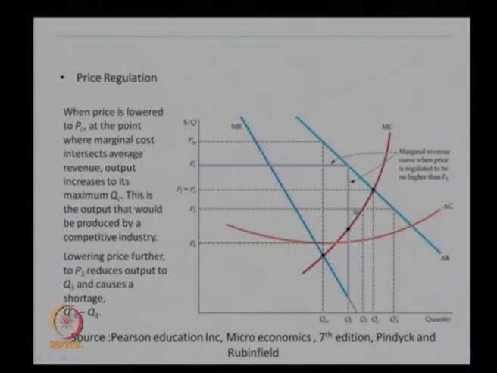But ideally there is still some gap between the competitive price and the ceiling price, so that amount of deadweight loss is still there with the monopoly. If the price is reduced below the competitive price, it reduces the output to Q3 and causes a shortage, that is Q3 by Q3 days.